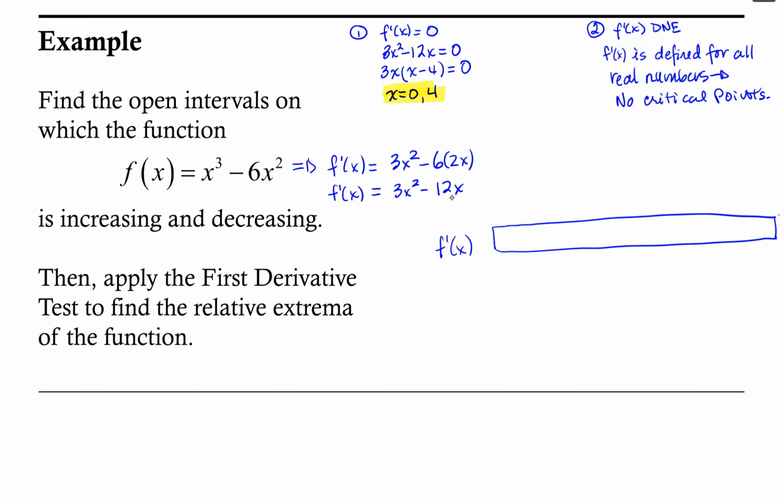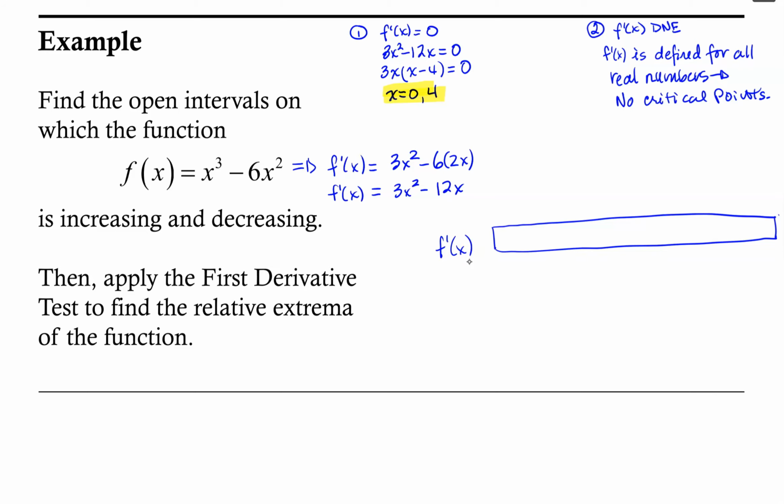So now we need to determine the intervals on which our derivative is positive versus negative. And so we divide up our number line, our x-axis, at the critical points. So we're going to be testing f prime of x and noting whether the function is positive or negative on these various intervals.